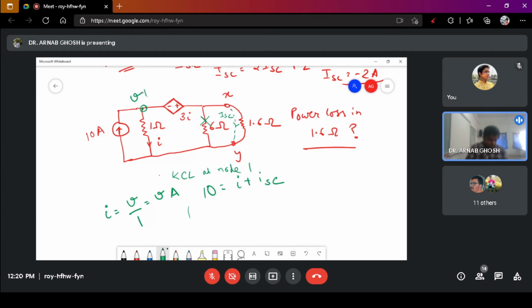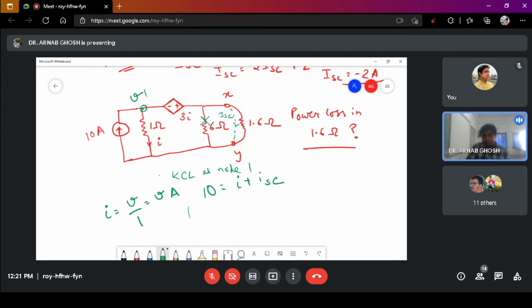So if we now put KVL to this entire loop, what are the voltages?